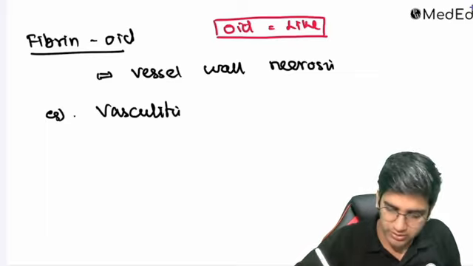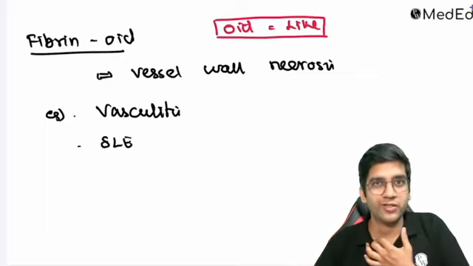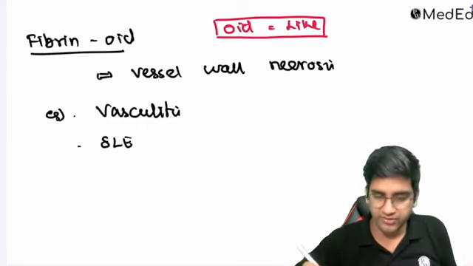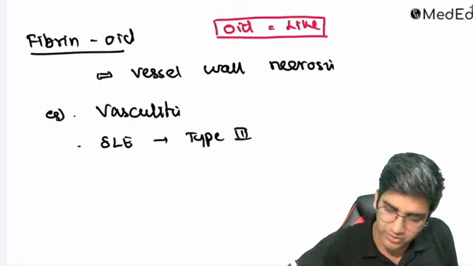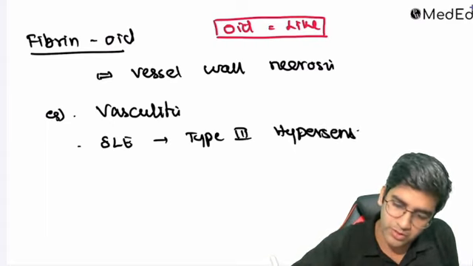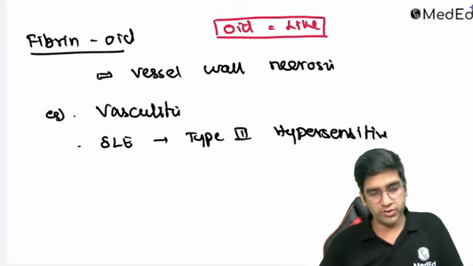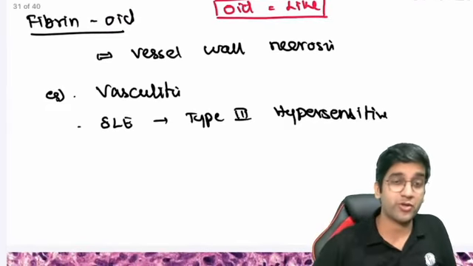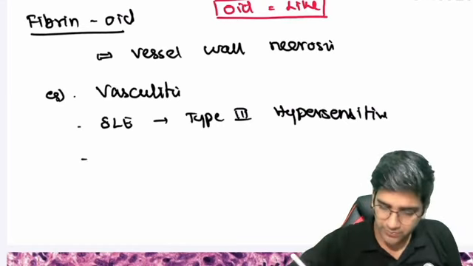That's one. SLE, systemic lupus erythematosus. It's actually a vasculitis, right? In other words, type 3 hypersensitivity reaction. We'll read hypersensitivity reactions when we come to immunology. So type 3 hypersensitivity reaction will have fibrinoid necrosis. Atherosclerosis will have fibrinoid necrosis. Perfect. Anything regarding vessels will have fibrinoid necrosis, right?